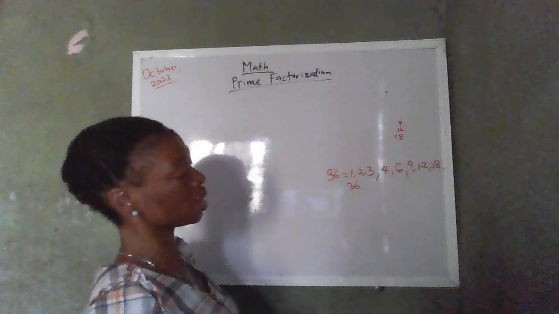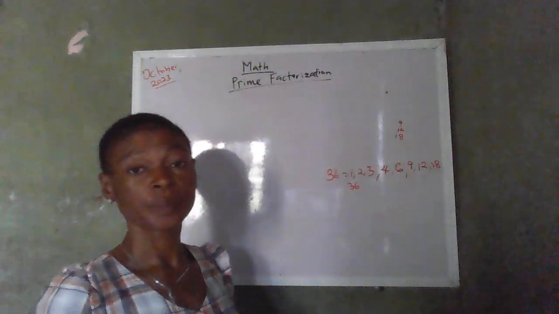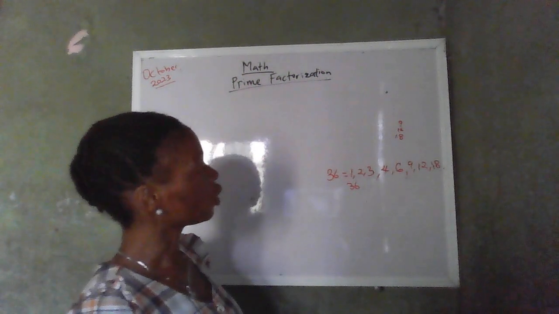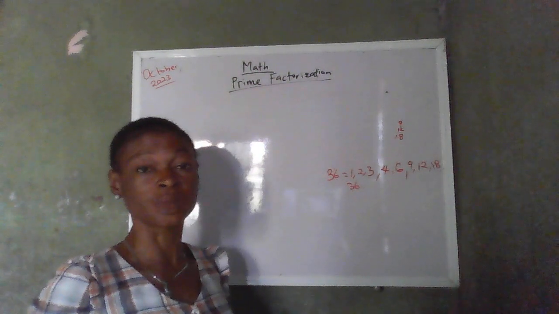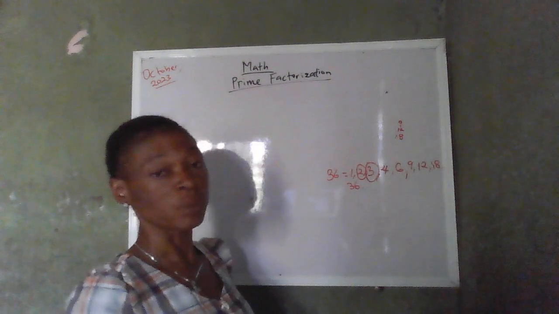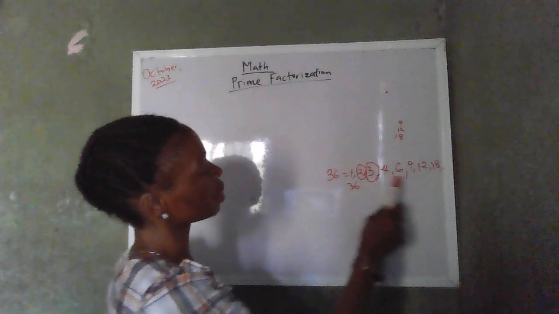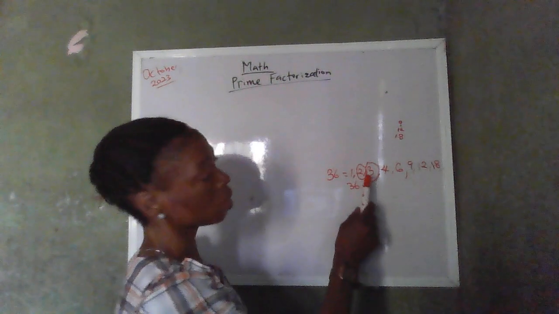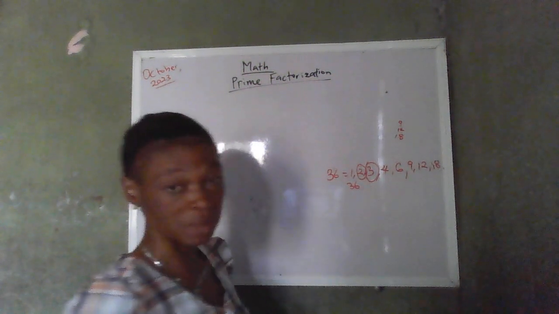Prime factors here are the prime numbers amongst the given factors, which are numbers that are only divisible by itself and 1. Here we have just 2 and 3. Now, using the multiplication method, we can either take 2 multiplied by 18, or 3 multiplied by 12, 4 multiplied by 9, or 6 multiplied by 6.